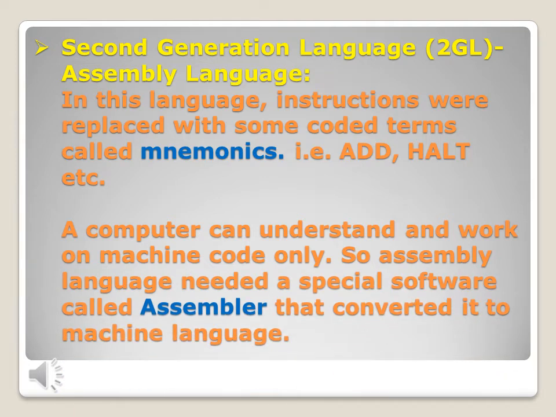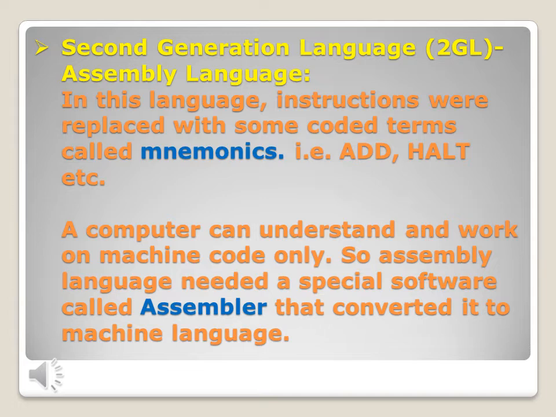Now the second generation language, which is also known as the assembly language. In this language, instructions were replaced with some coded terms, which are also called mnemonics. For example, add, hold, sub. These are all different mnemonics which are used in the assembly language.